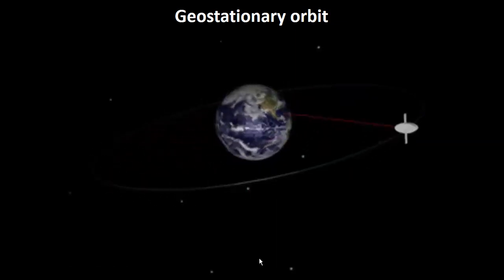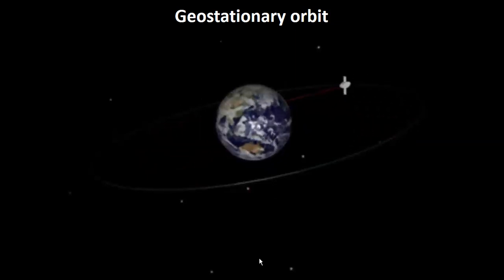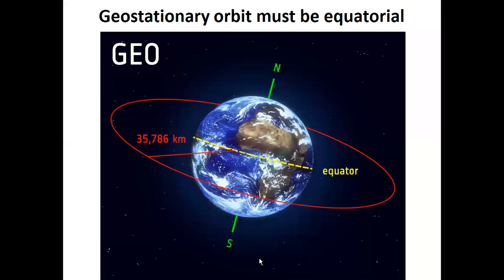So we could say that it is hanging over the Earth. Of course, the geostationary orbit must be equatorial because that's the only way to be over the same point on Earth, and also to make the whole circle in about 24 hours, as the Earth does.